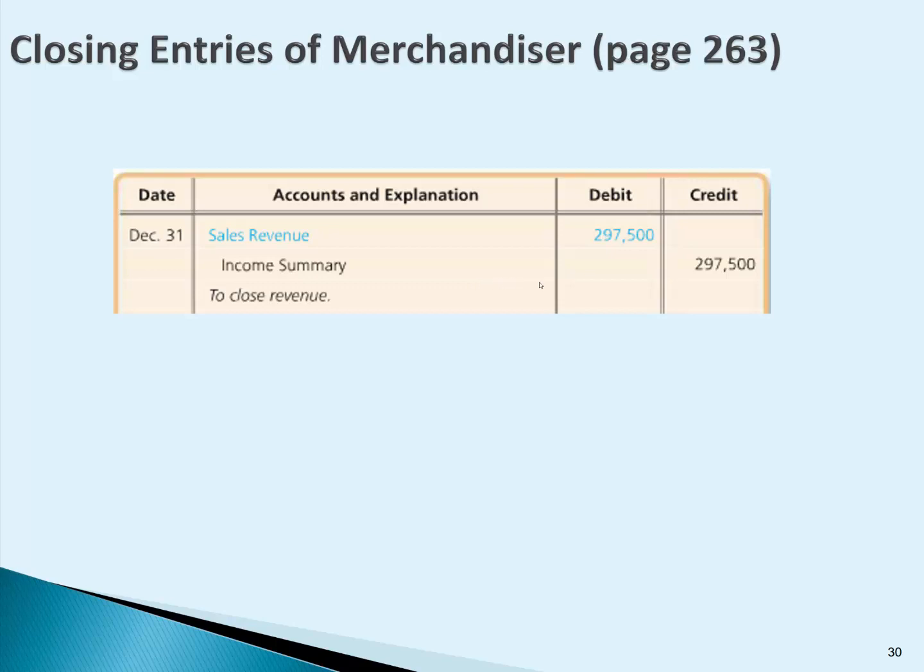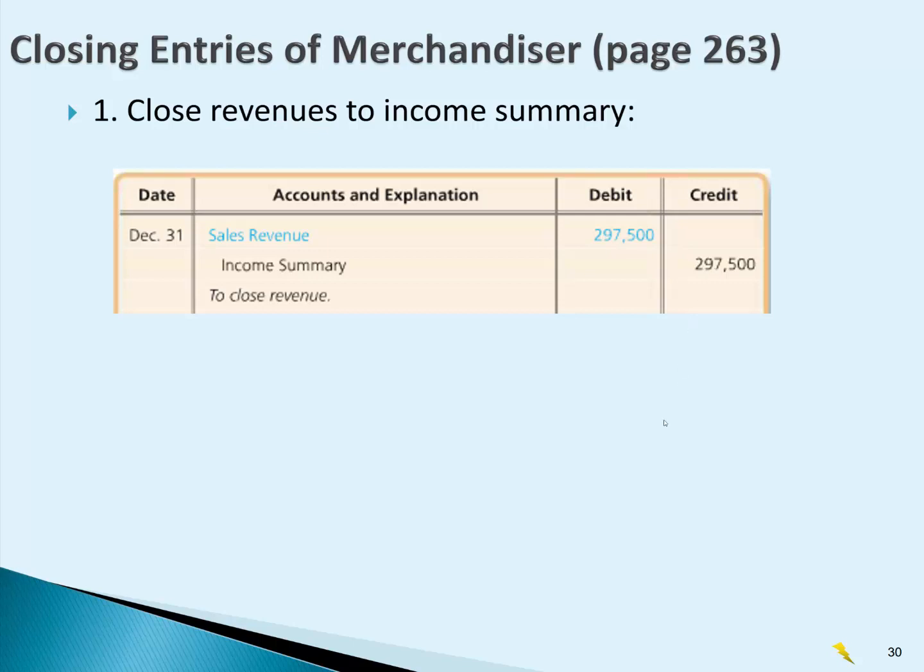Remember, revenue normally has a credit balance, so to close it so that it zeroes out the account, we have to debit it. And then we're going to be transferring that revenue temporarily to the income summary account, which will summarize our net income.